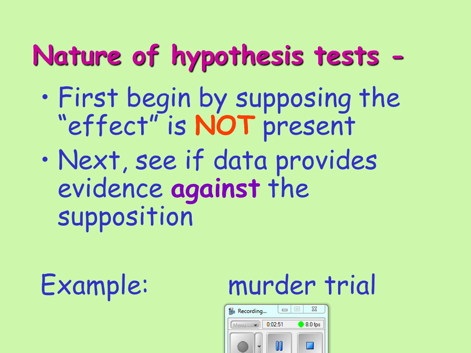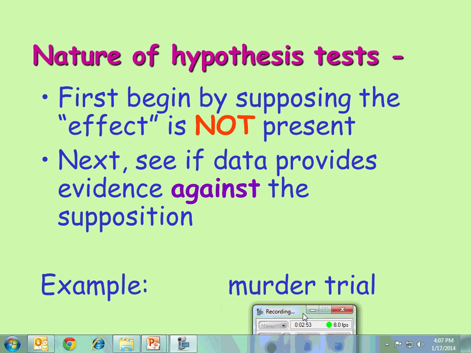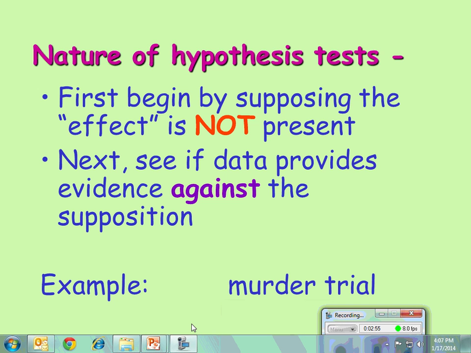So I tried to think of an example in real life that would really correlate to that, and I thought of a murder trial. So you have a suspect who is suspected to have done this crime, and they go to trial. So you have this suspect who's assumed innocent, right? That's the norm. We're all assumed innocent. And then the prosecution's job is to try to prove that he's not innocent.